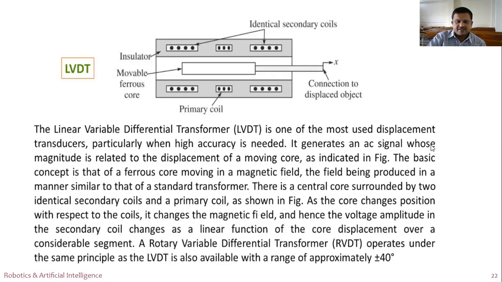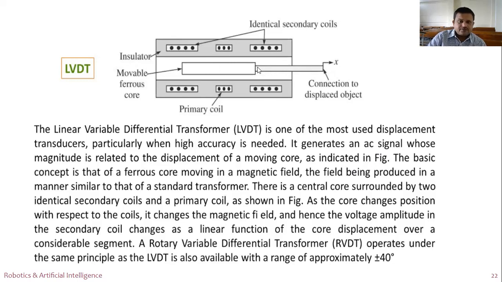It generates an AC signal whose magnitude is related to the displacement of a moving core as indicated in the figure. If you see, this winding and this winding are known as the primary winding, and this is known as the secondary winding. This is the movable iron core or ferrous core. It can move linearly either towards left or towards right.